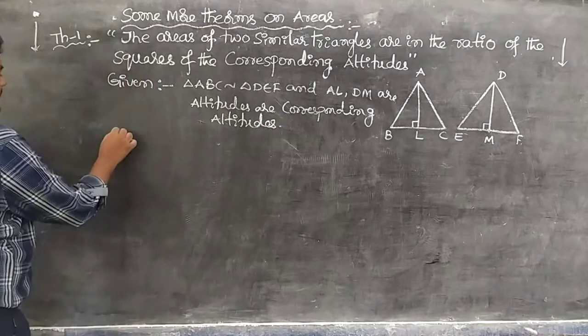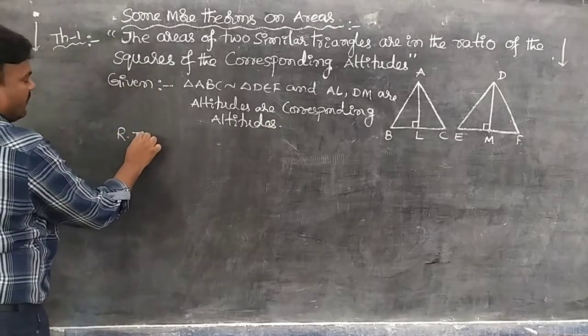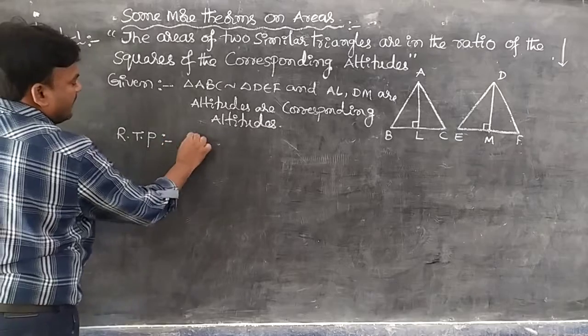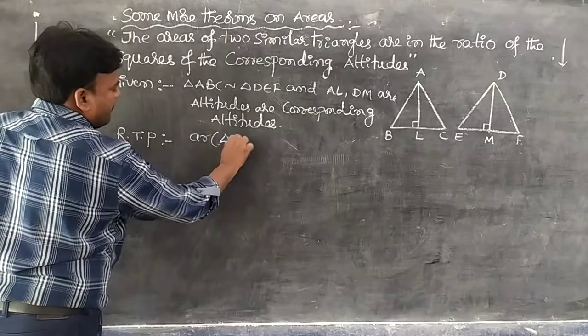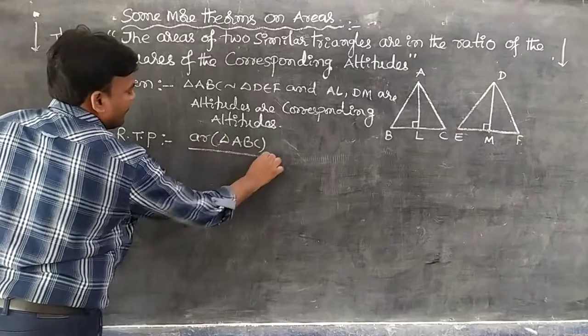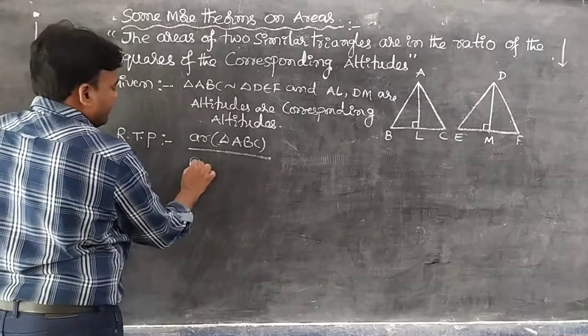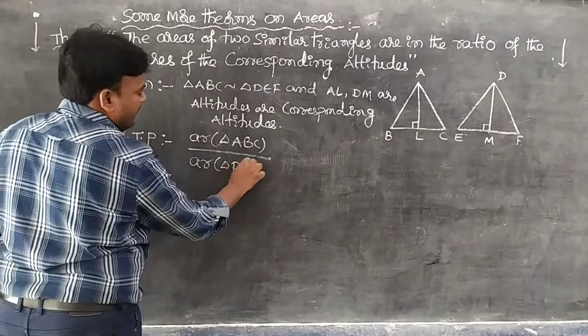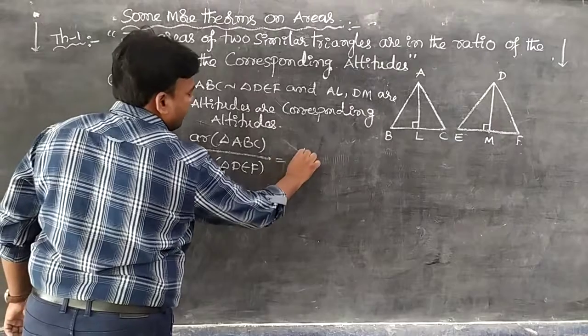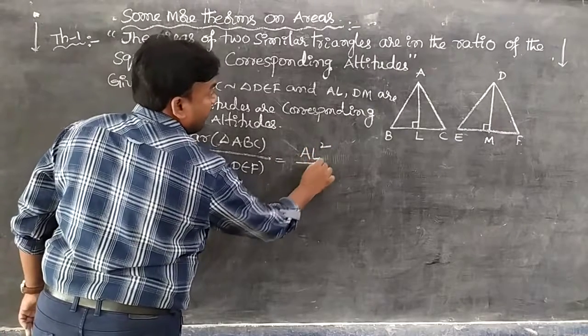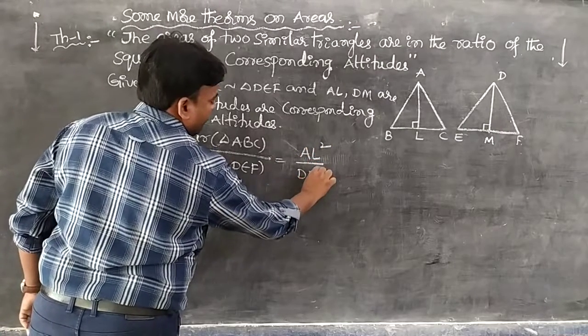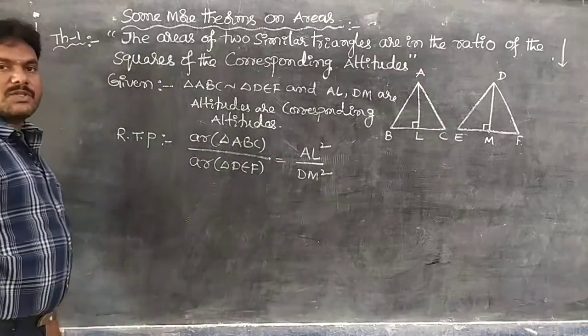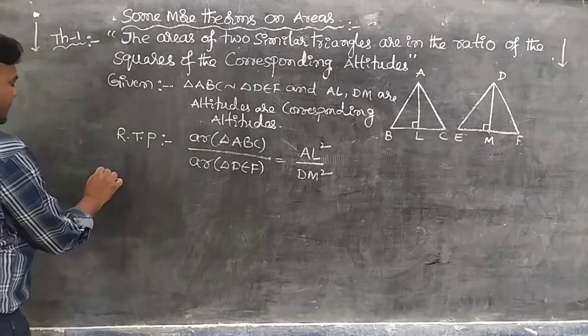Okay, students. What is RTP? What will we prove here? Observe. Area of triangle ABC by area of triangle DEF equals AL square by DM square. So construction as usual.